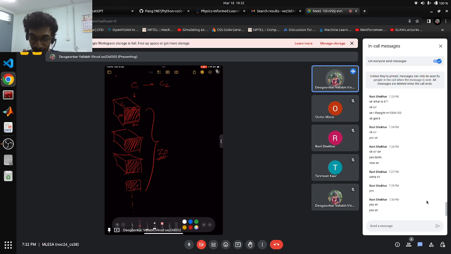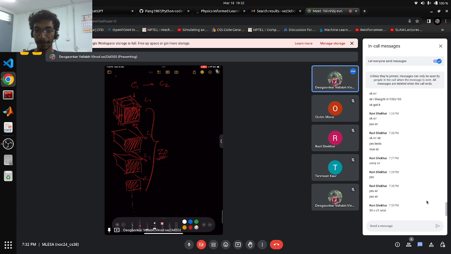So you took the average of this entire slice, this entire slice, this entire slice, and this entire slice. Whatever the average of all those elements is, this would result in C1 number of averages. This would also result in C1 number of averages, and this too. 30 into C1 total, yes.